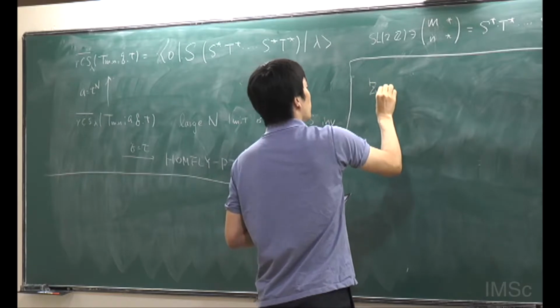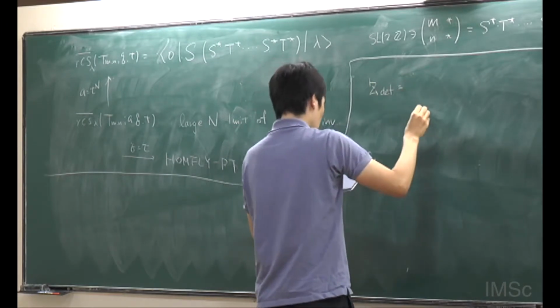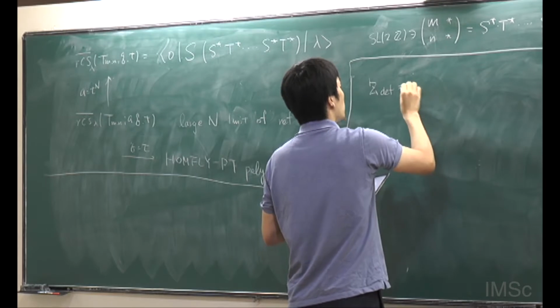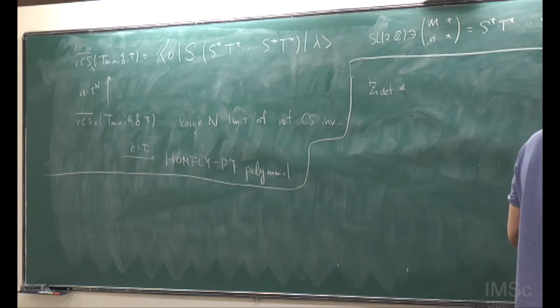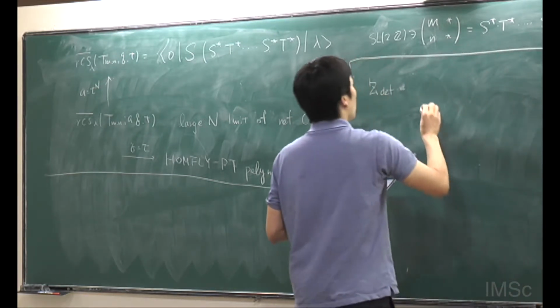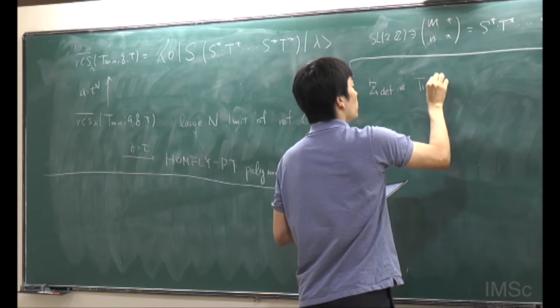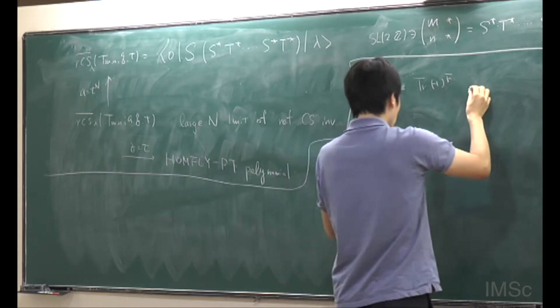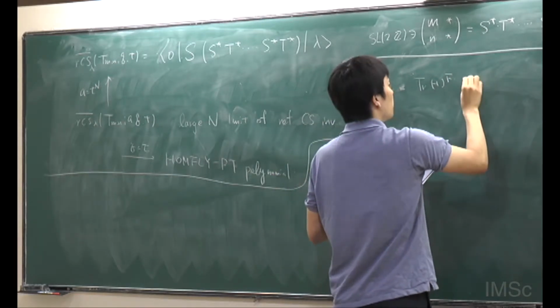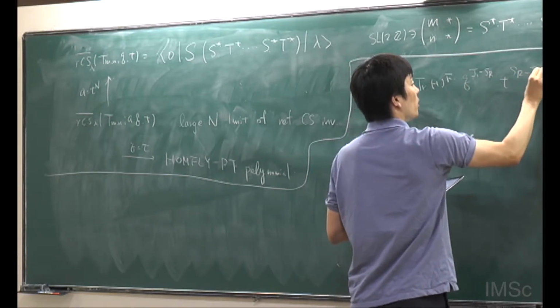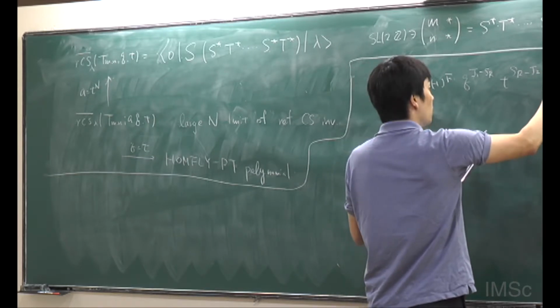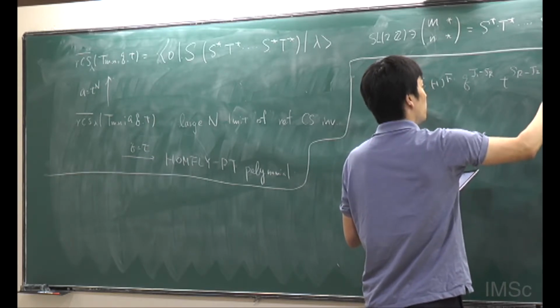And then the deformed conical side, I call the index, so this is the index of the deformed conical side, trace of minus one to the F, q to the j1 minus sr, t to the sr minus j2, and some flavor fugacity f.